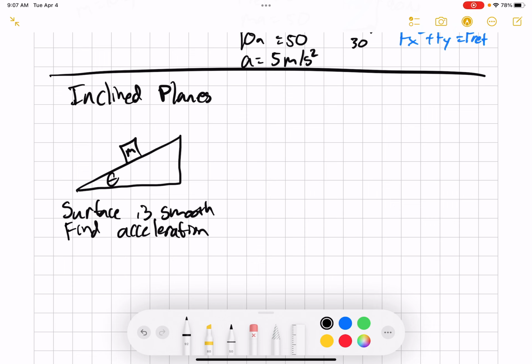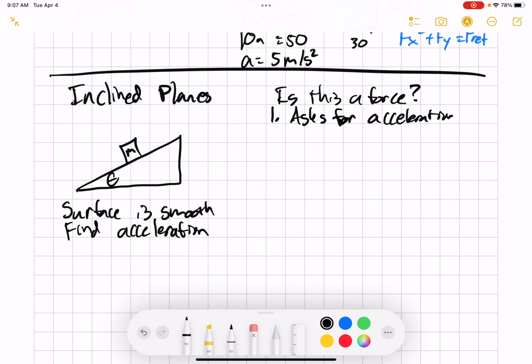So on a question like this, remember the two clues that we can have that something is a force question. So is this a force question? Okay, it asks for acceleration.